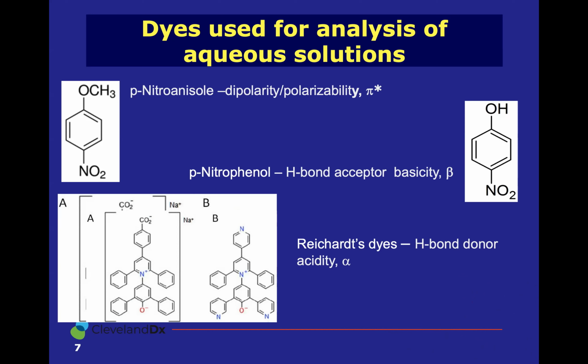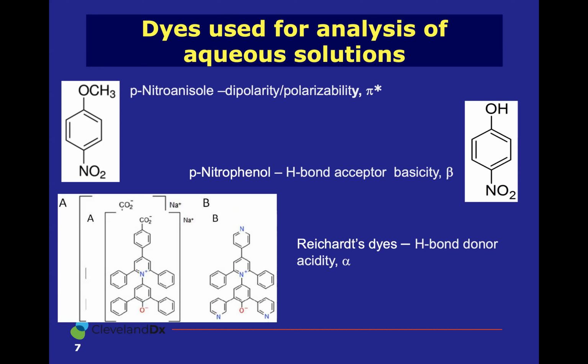Nitrophenol will provide the characteristic of hydrogen bond acceptor basicity of the solvent, water again. And the dyes at the bottom right provide characteristics of hydrogen bond donor acidity, or the ability of the solvent to donate a hydrogen bond.